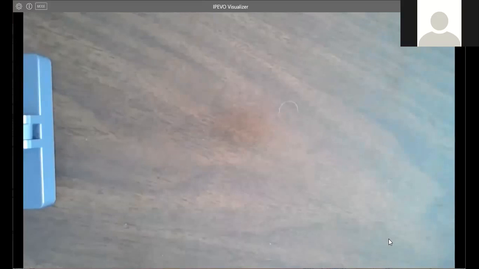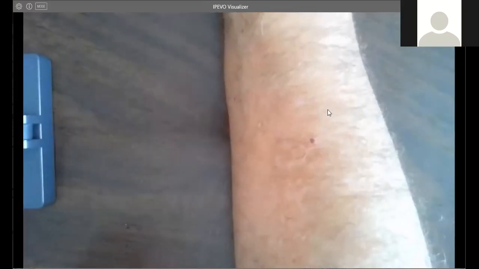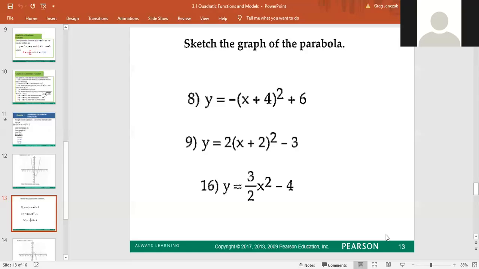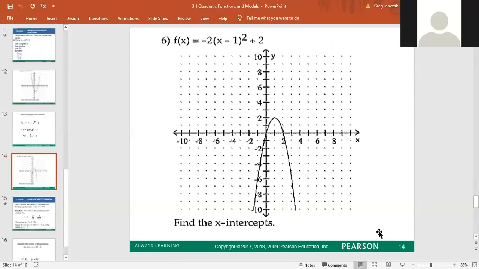On this next slide, find the x-intercepts.